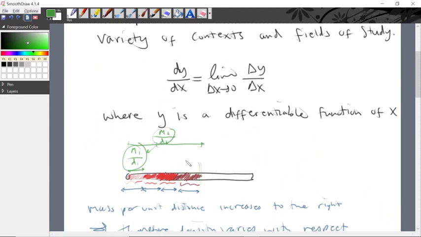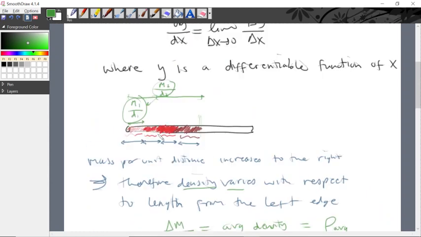This is useful for us to find, for instance, the center of mass of an object. The center of mass can be defined where we would have the same amount of mass to the left and the right. Well, if the object has a uniform density, then we would just take the center of the object. But of course, when we have more mass to the right and less mass to the left, then the center of mass would have to be more to the right.